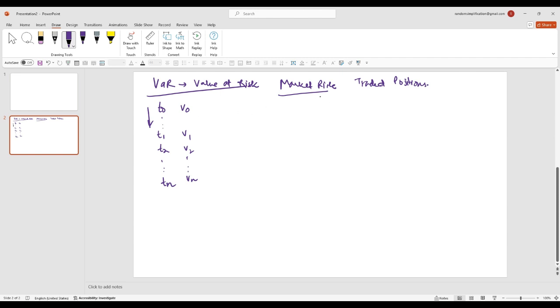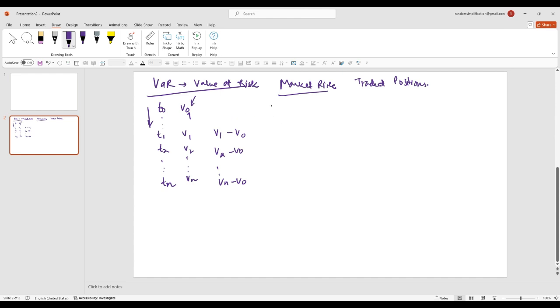Now, when we talk of market risk, and let's say you've invested into this portfolio, what you're basically interested in is measuring the value of the portfolio at various points in time against your initial investment. So your P&L at a particular point of time, T1 for example, will be V1 minus V0, V2 minus V0, and so on, Vn minus V0. For simplification, we are ignoring the time value of money here.